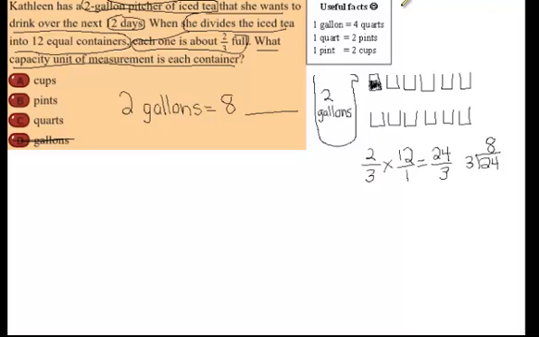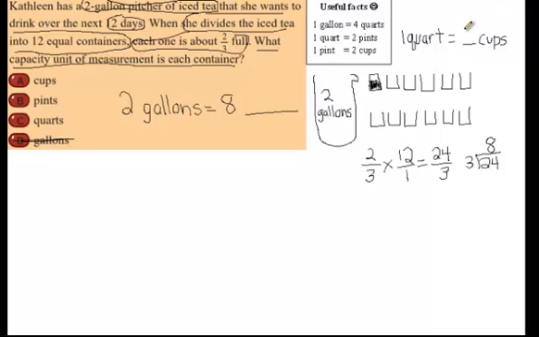If I have 1 quart, how many cups would that be? See if you can take 2 facts and combine them together. 1 pint is 2 cups, 1 quart is 2 pints. So how many cups are in a quart? Think about it.